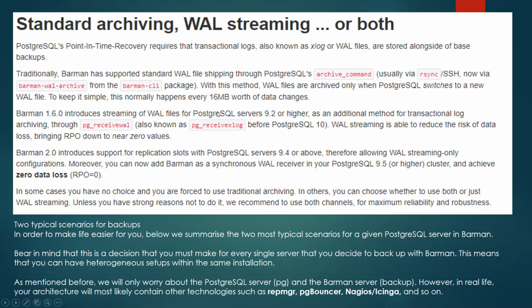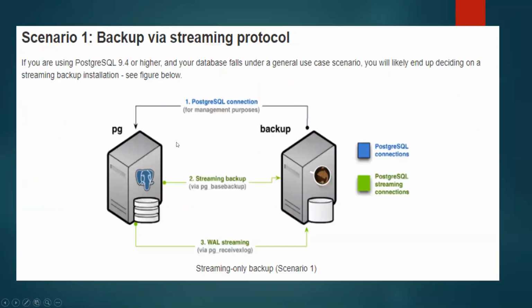Basically, you have barman-wal-archive, and I think there's also barman-wal-restore, which you can use in the restore command on the standby nodes, as well as barman-wal-archive in the archive command. You can also use pg_receivewal as well. And this is good because it gives you an RPO of 0. So it's a really good feature.